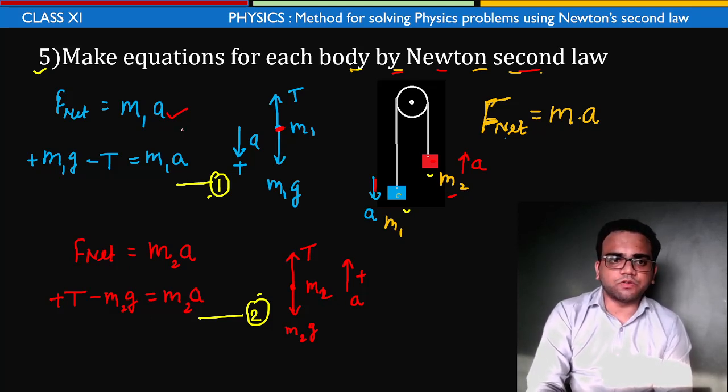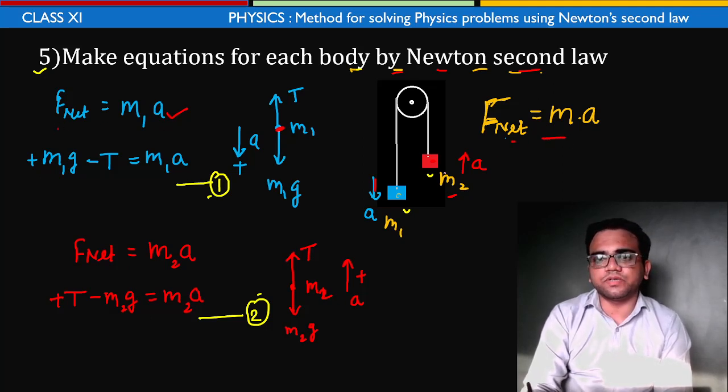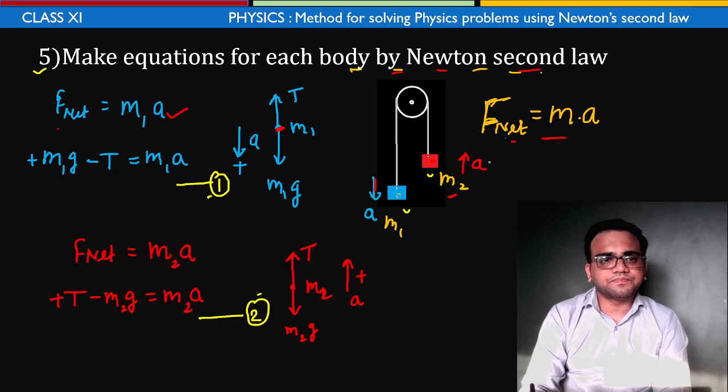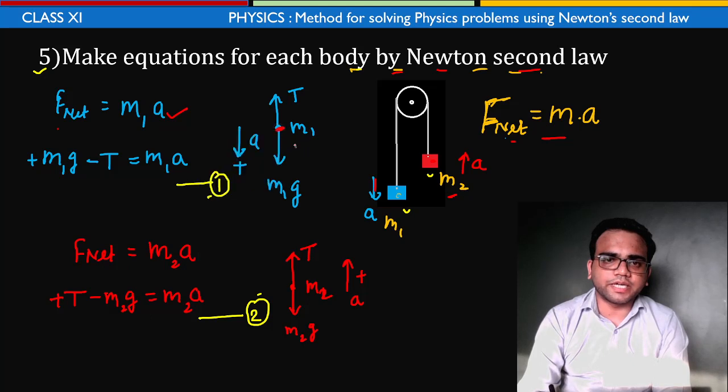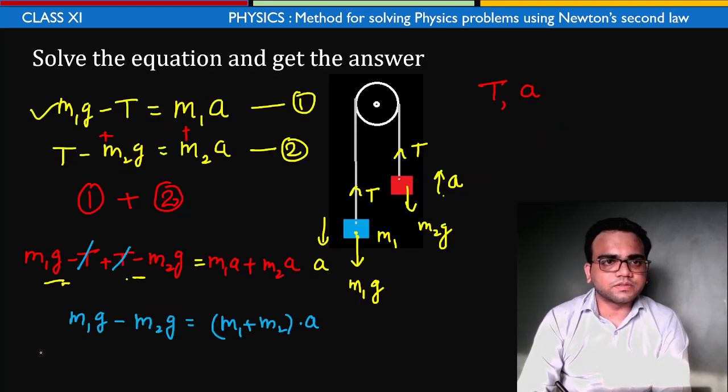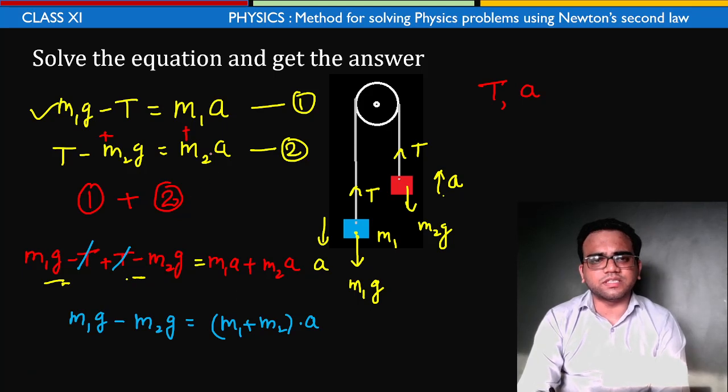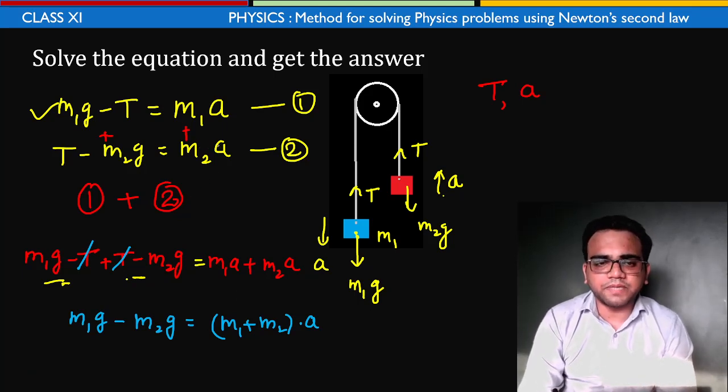Without these you cannot use the formula F net equals ma. So we draw the free body diagram of both masses, and make the equations like that, and solve these equations. This is just a mathematical task.